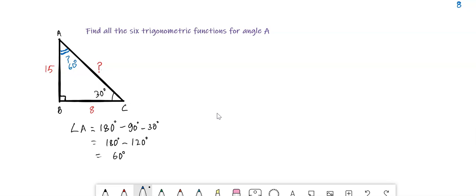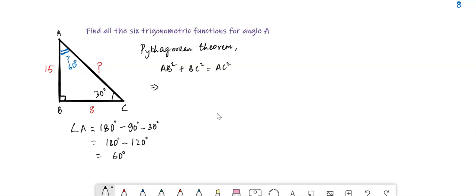Now let's find the length of the side AC. To find it, we need to use the Pythagorean theorem. According to the Pythagorean theorem, in this right triangle ABC, right angled at B, AB square plus BC square will be equal to AC square.